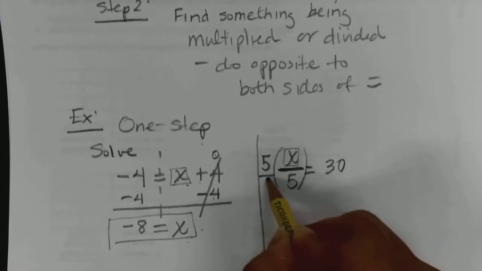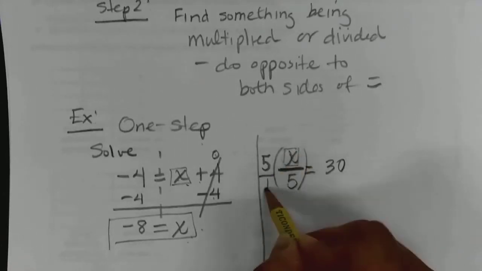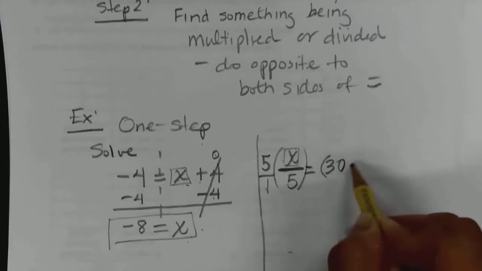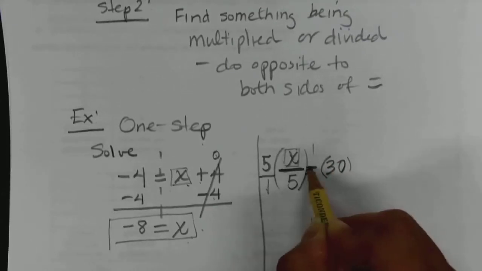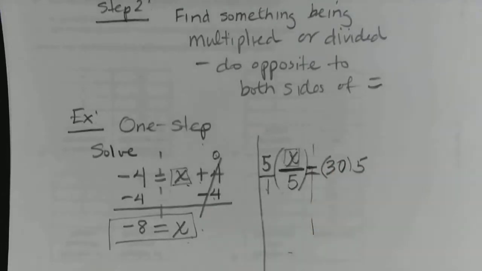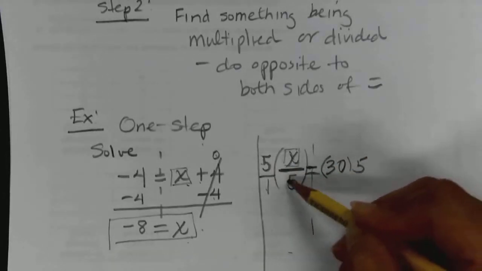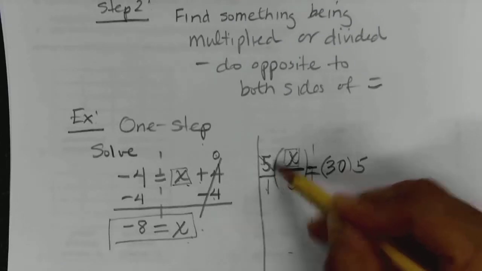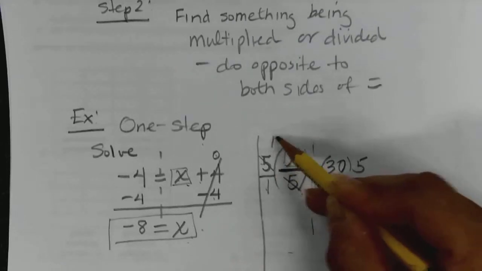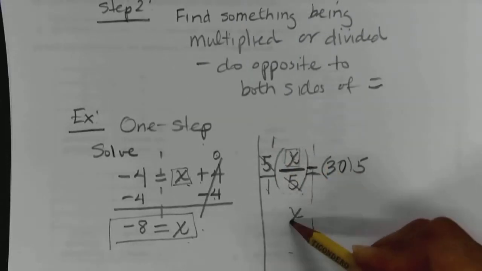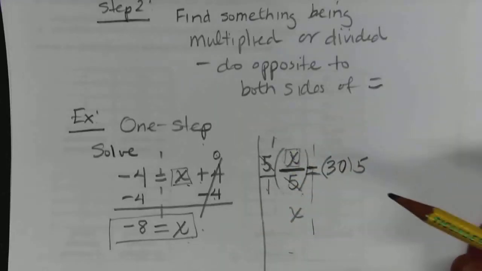Okay? We're going to put it up here like this, and since this is a fraction, we're going to do it to both sides of the equal sign. I'm going to multiply that by 5. What happens to my 5s over here? They cancel out. 5 goes into 5 how many times? Once. Put a 1 up here. What's 1 times x? X. Is x by itself? Yes, it is.